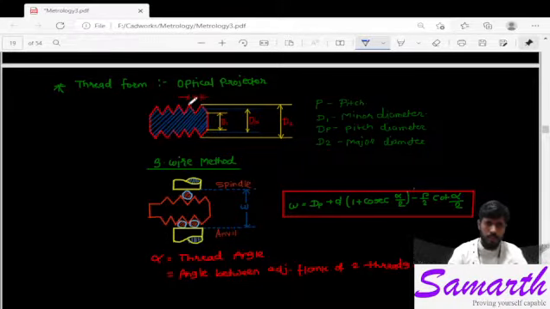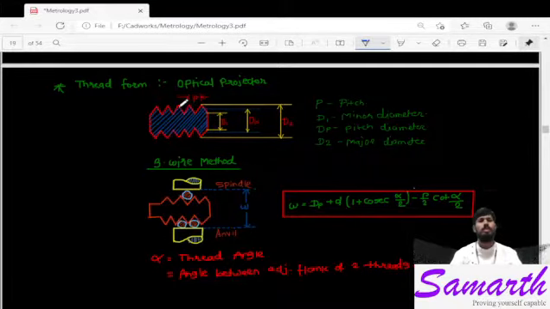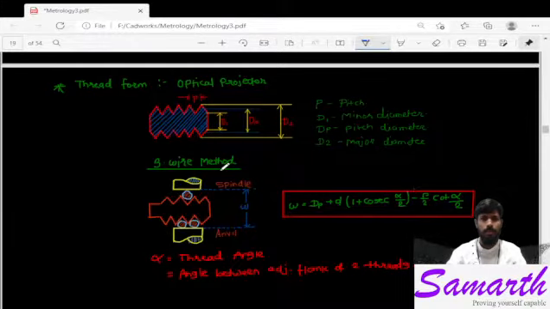Let us say this is one thread, one flank, and this is another flank. Then the angle made by these two adjacent flanks of thread 1 and thread 2 is nothing but the thread angle.